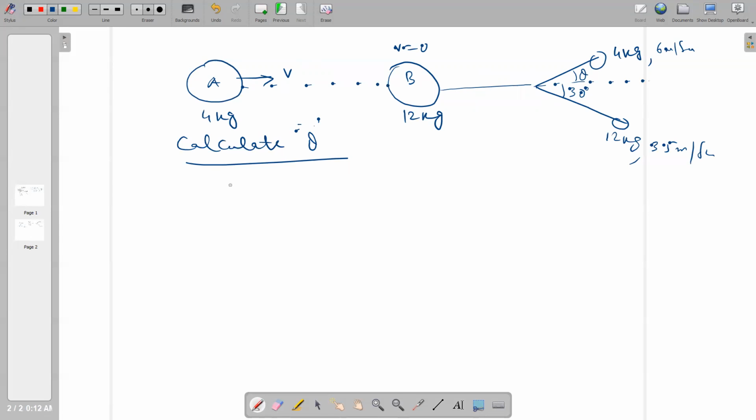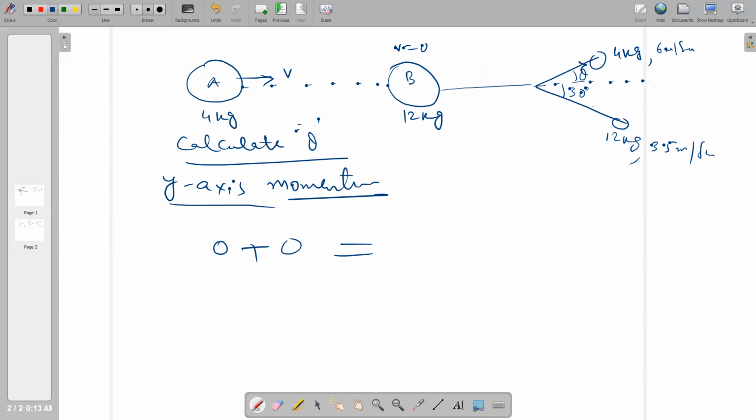Vertical direction means y-axis. So for vertical direction, y-axis momentum, this A body has 0 momentum because vertically it is not moving. It is only moving horizontal. Plus this is also 0. It is already 0 because it is at rest. So this is equal to the vertical momentum after collision.